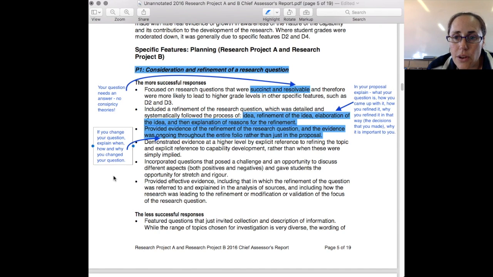It may be because you can't find resources on it, it may be because your research has suggested a different way that you go. In your journals, though, you can actually expand on that a lot more than just the annotation on the side of a proposal. So therefore, that's where I suggest you do it first and foremost, but make sure your proposal has something written on it saying that your question has actually changed. All right. So always show them the decisions that you've made and how you've ended up making them.